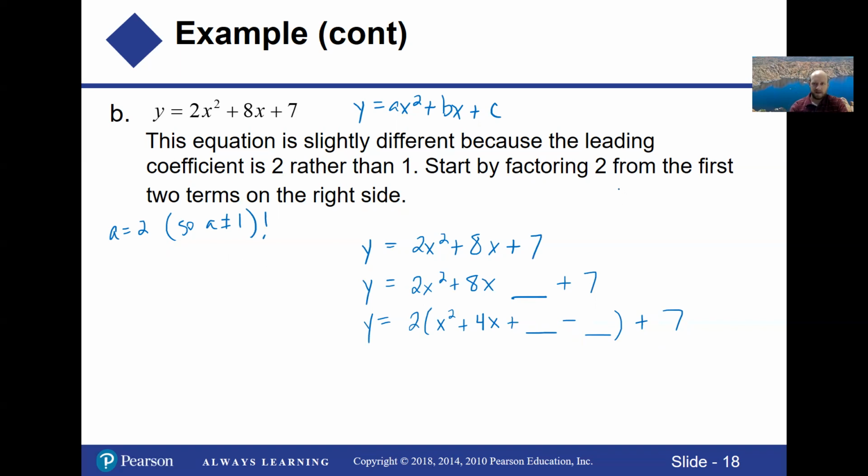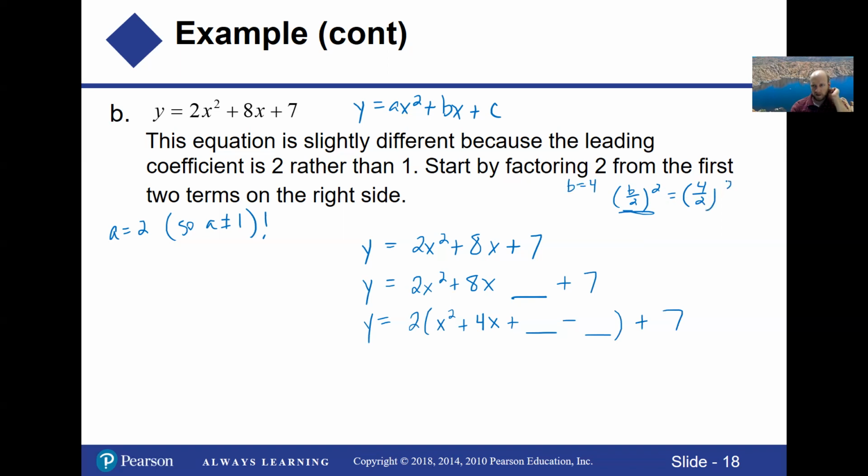That is b over 2 squared. What's b in this case? It's not the 8, it's after you factor it. So it's the 4. B is equal to 4.